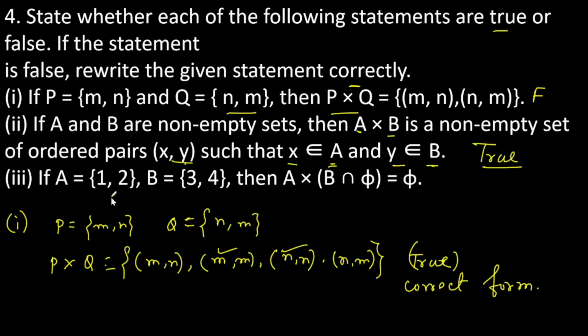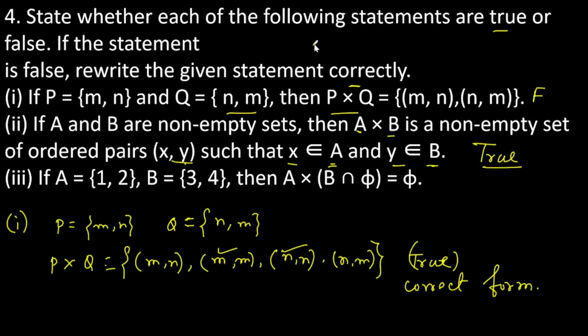Next, if A equals 1, 2 and B equals 3, 4, then it is said that A cross (B intersection phi) is phi. Is this statement correct or not? Let us check. A is 1, 2 and B is 3, 4.